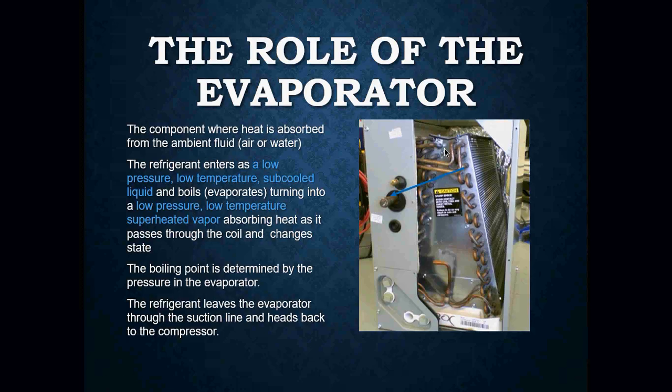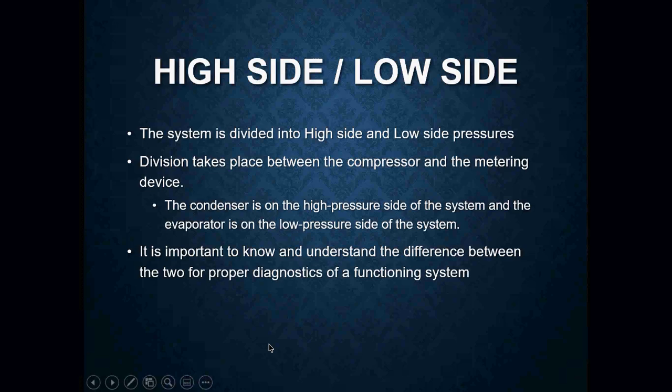Okay, the boiling point is determined by the pressure in the evaporator. The refrigerant leaves the evaporator through the suction line and then heads back to the compressor. Your suction line is located right here. This line is going to carry that refrigerant back to the compressor.